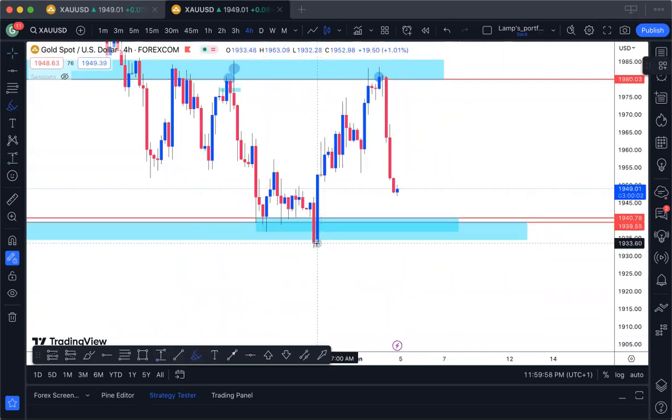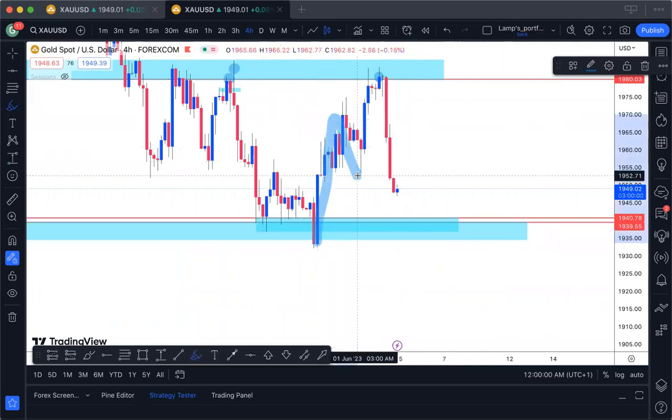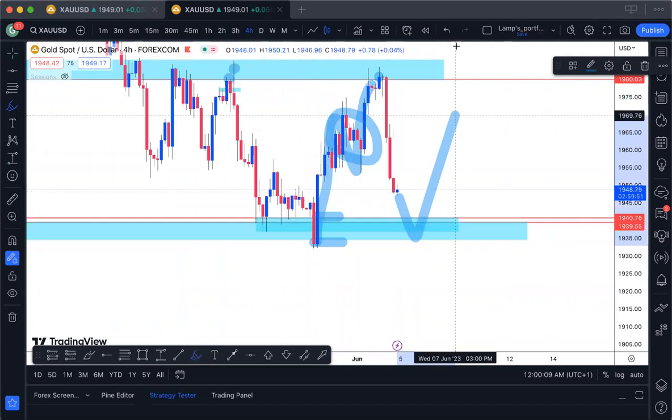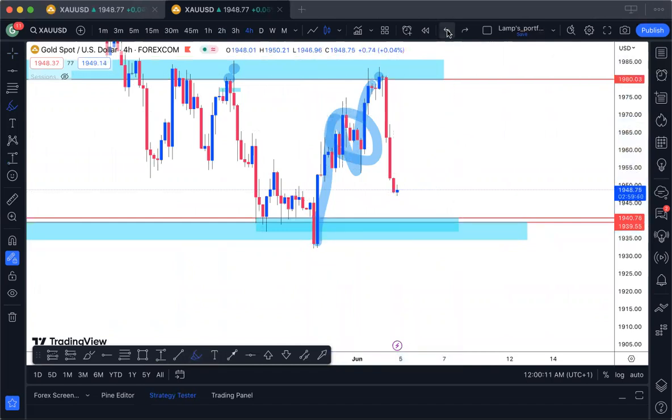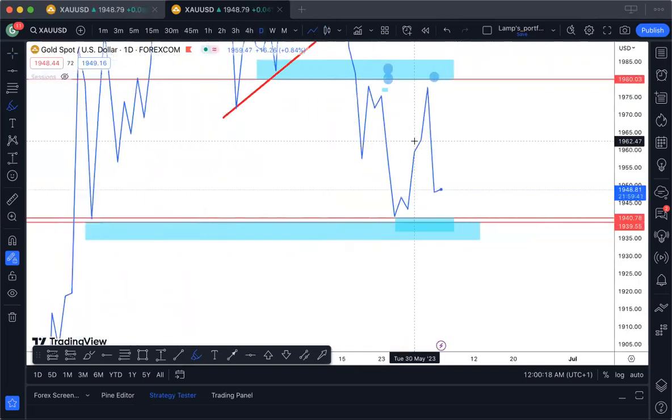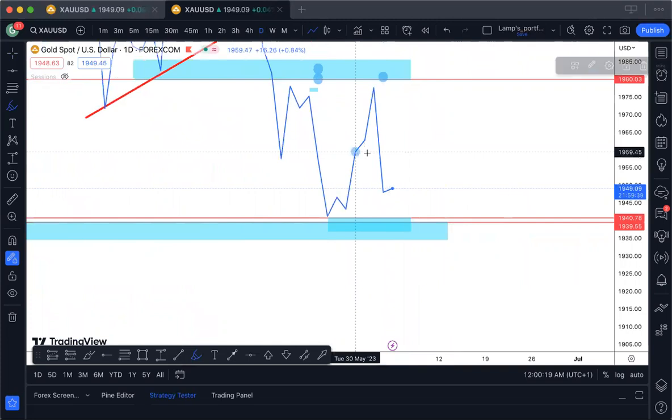Because first of all, we have this move, drawback, and move. So this is the second leg, right? So this is telling you that this support sitting here is a strong support. Do you understand? So in a daily, right? Like I said, even this small movement is a leg.